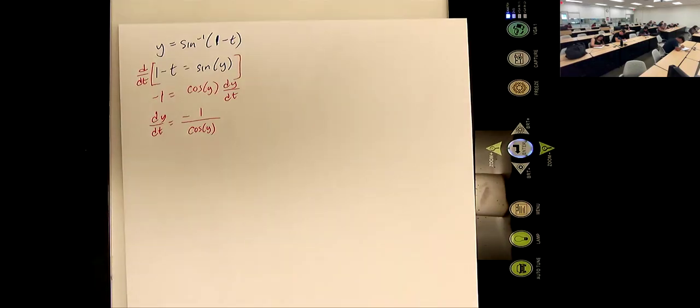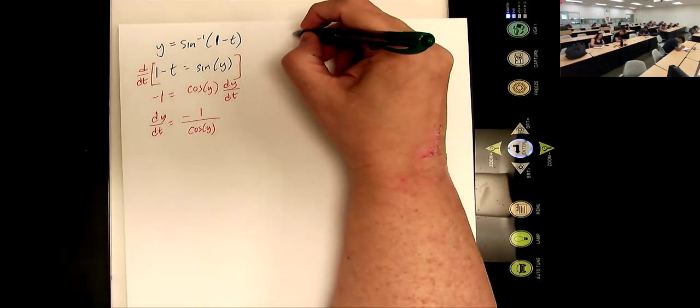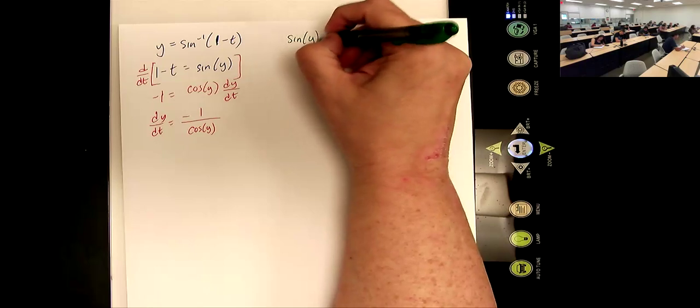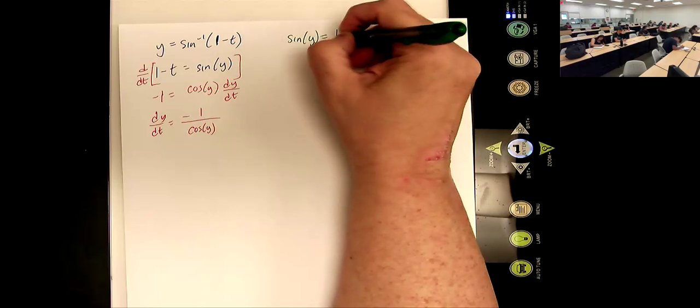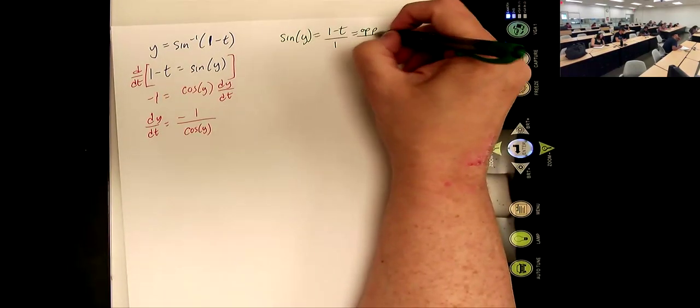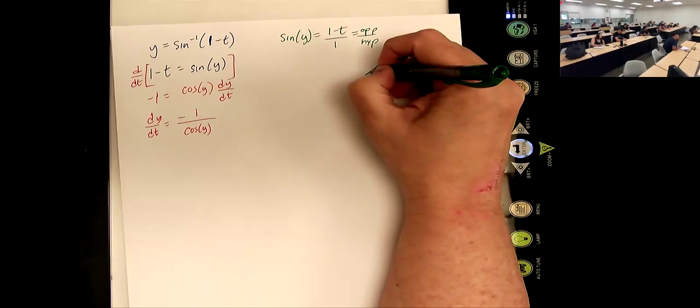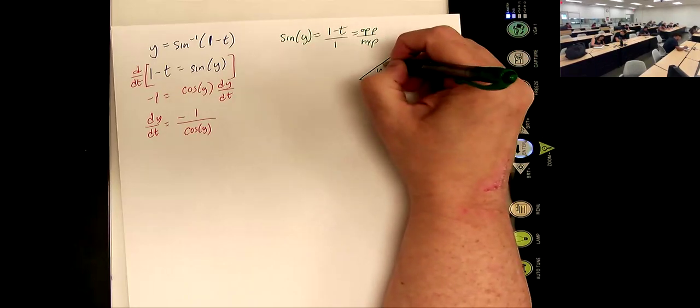And now we need a triangle. I'm going to put that over 1 so I can see the opposite over hypotenuse. My angle here is the y.